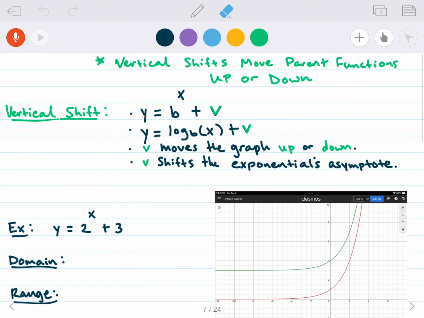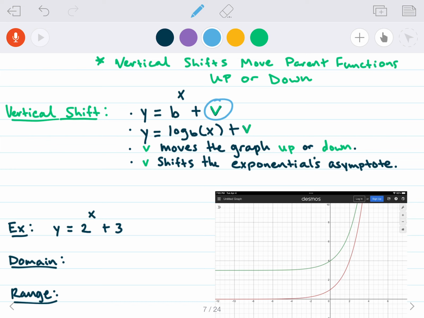Okay, so the first thing I want to talk about is what's known as a vertical shift. Basically, what you do is you add or subtract a number to a function to move it up or down. So that's a vertical shift. With our exponential functions, we can add a number that I'm calling v, and it's going to move it up v units.